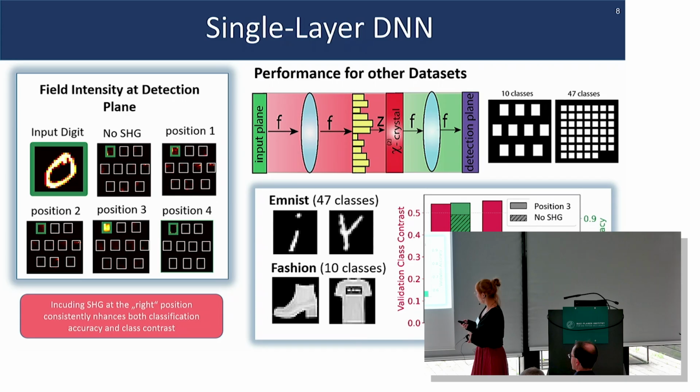Here I just support this with different data sets, the digit, fashion and MNIST data sets, and everywhere we see this contrast improvement, of nearly a factor of 2 for the digit, fashion a little bit less, and for the MNIST it's only slight. And for the accuracy, we also get a consistent improvement for the setup.